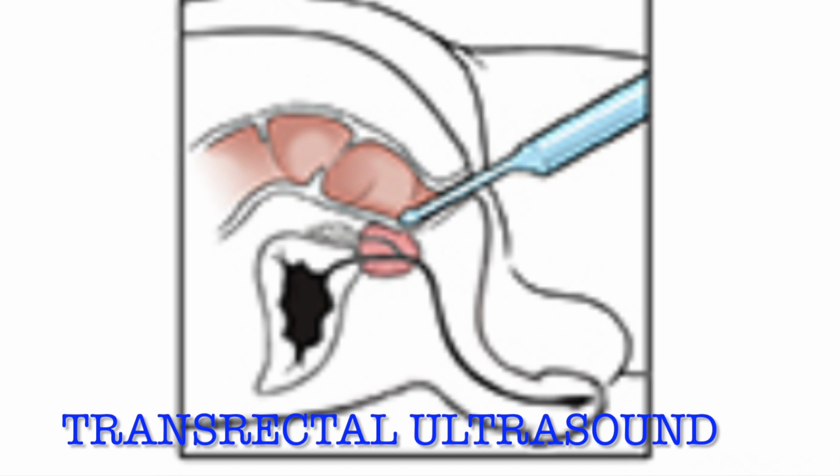So this type of imaging is an amazing type of ultrasonography, because the probe is also a high resolution probe, more than 8 megahertz, and this frequency is much better than the first type of ultrasound we do through the abdominal wall.